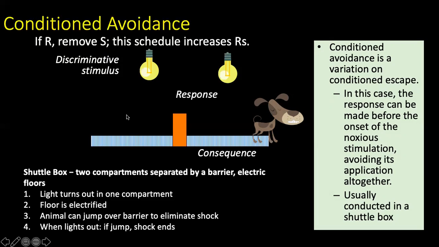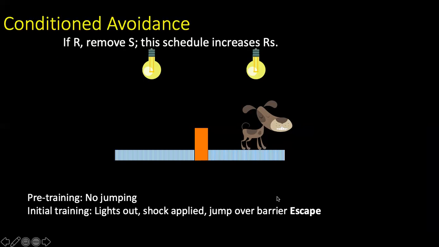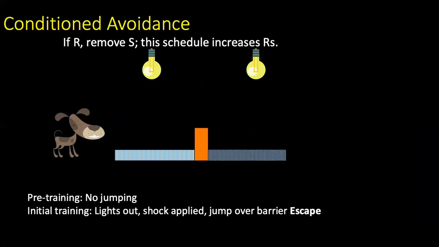So if the animal learns that association, it's going to jump and avoid the shock before it even happens, right? So in this case, pre-training, the animal hasn't learned any jumping. And then in initial training, the light goes out, the shock's applied, and it jumps over the barrier, right?